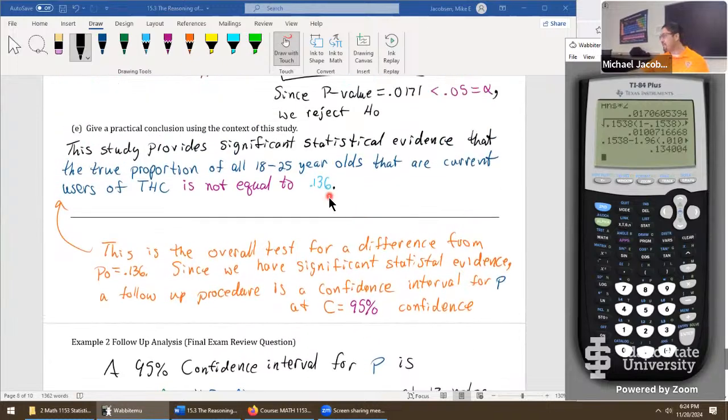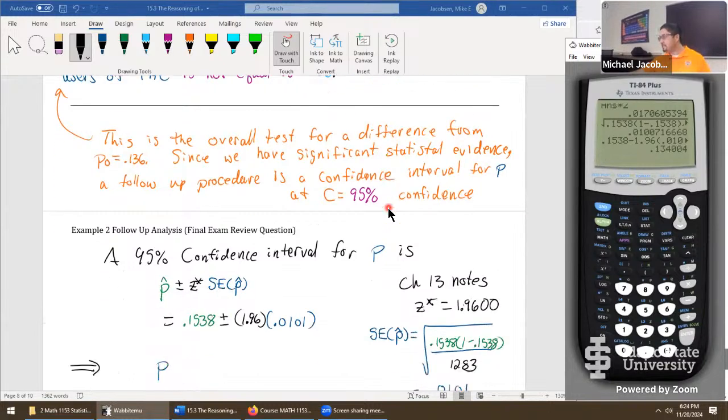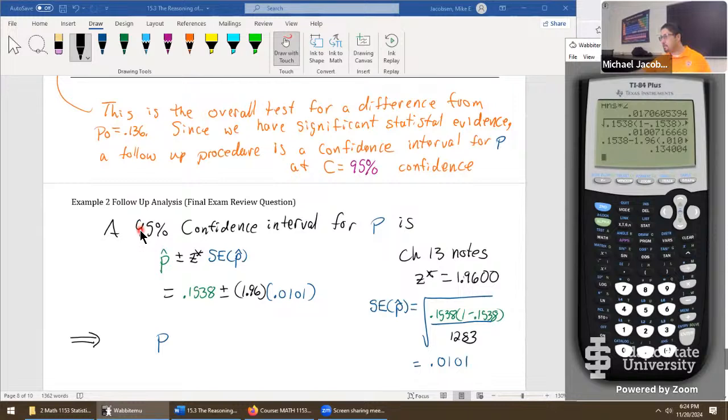Let's double check. That's not what I expected. That is actually below that value. We did 95% confidence, 1.96, 0.0101. Maybe I rounded a little too much. It was really a little bit more. Let me check with the rounding on this one. 0.1538.